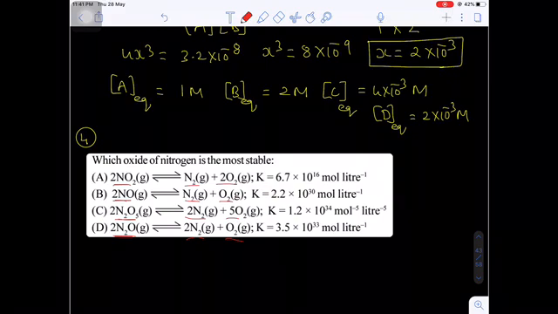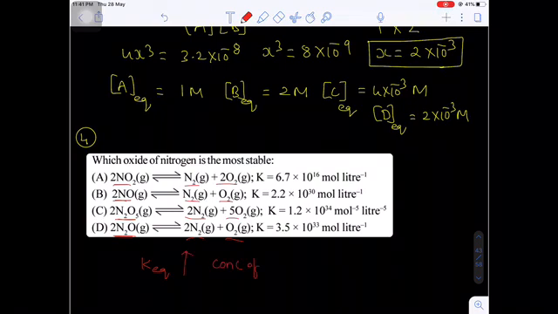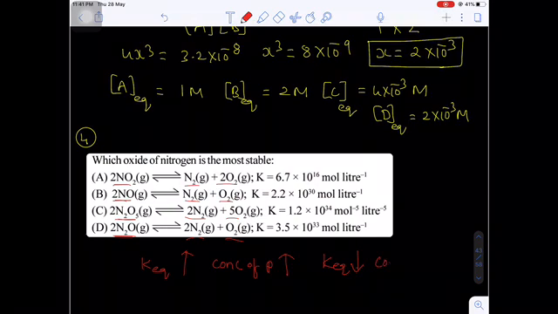The nitrogen oxide is on the reactant side. Just now I told you, if the K equilibrium is very large, the concentration of products will increase. If the K equilibrium is very small, then the concentration of reactants will be very high. So we have to see the concentration of the reactant, that is the nitrogen oxide.